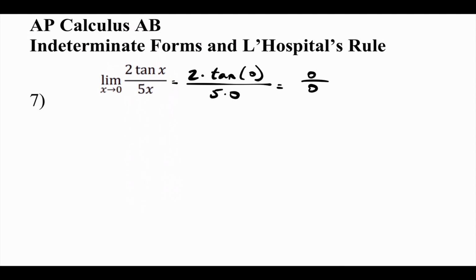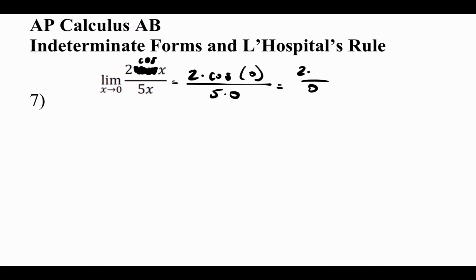Okay. Let's say we haven't seen one like this, but you might. So don't write this down, but let's just say this problem wasn't tangent. It was cosine of x. Cosine of 0 is 1.